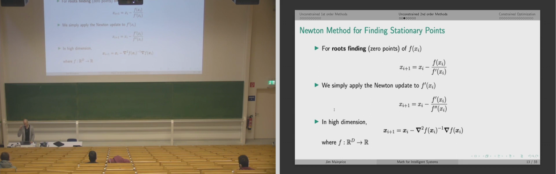So another way to see this method is to say, we construct a second order Taylor expansion at a certain point, and then there's a closed form solution for the minimum of a quadratic, and we just use that and jump to the minimum of the quadratic approximation at that point.